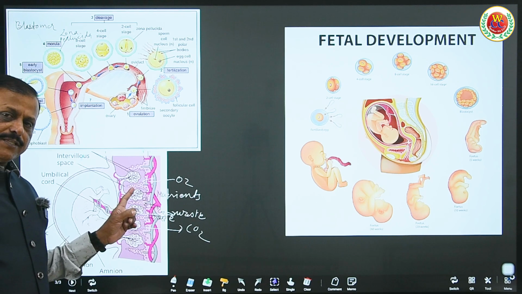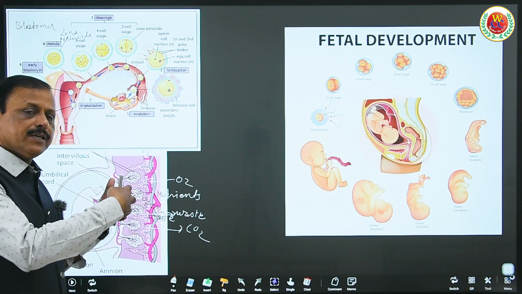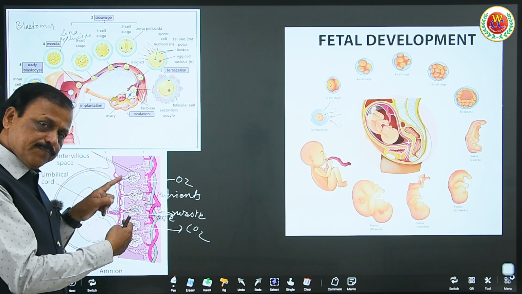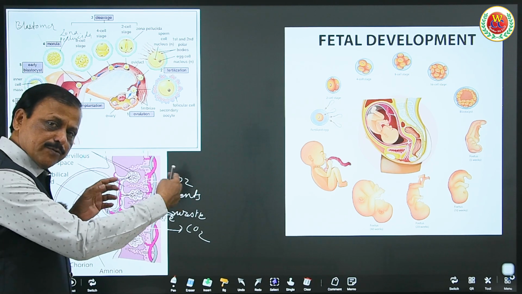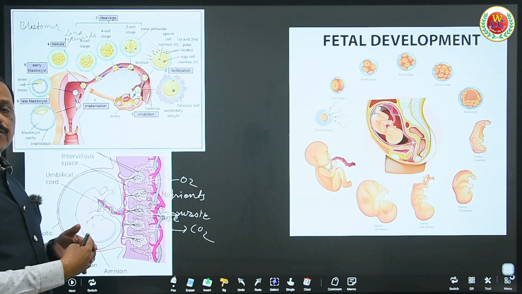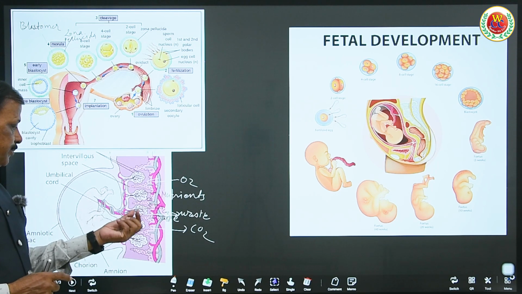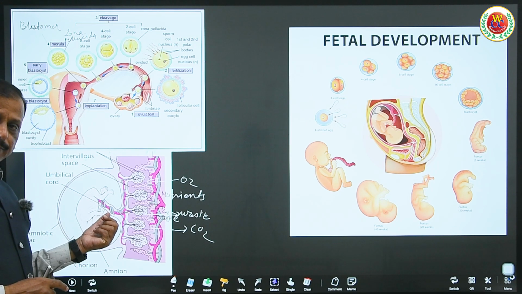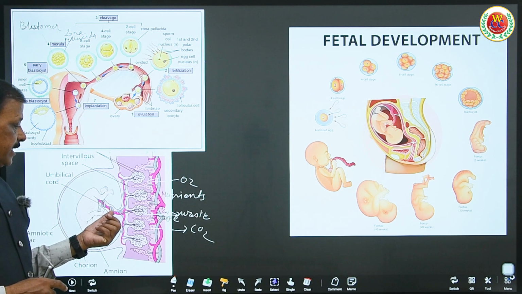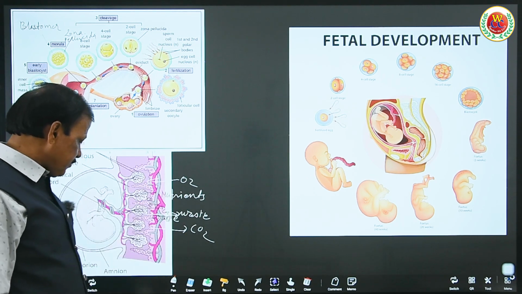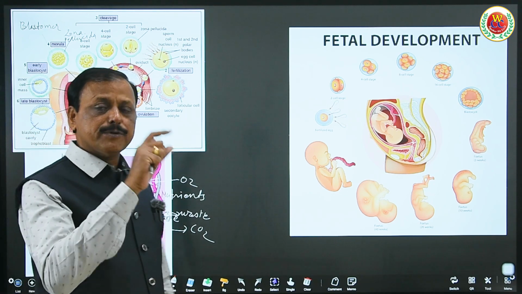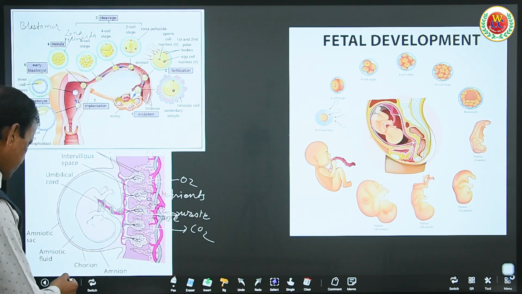So exchange of this content occurs between the blood vessels of fetus and blood vessels of mother through interdigitation of chorionic villi, maternal chorion and fetal chorion. I hope you did understand how, after implantation, the umbilical cord and placenta is developed from that ectodermal tissue. Ectodermal tissue means which one?